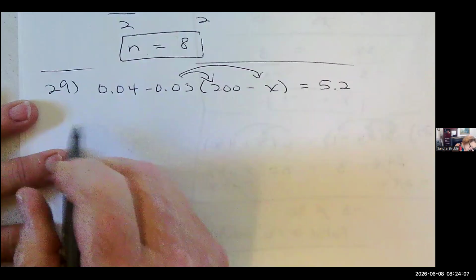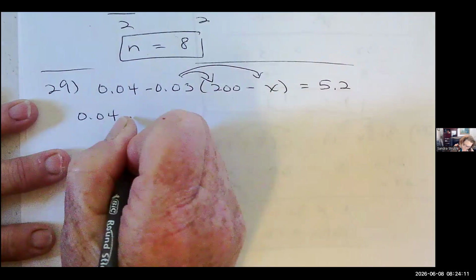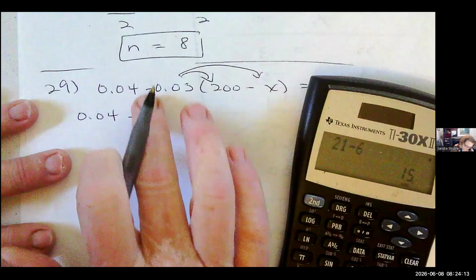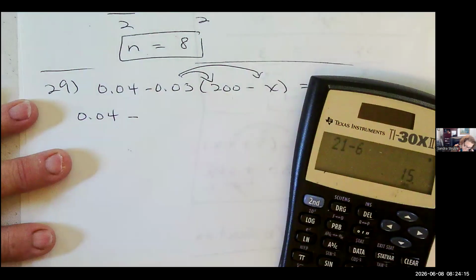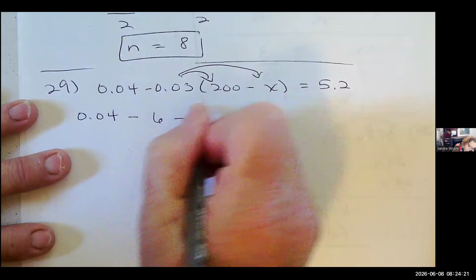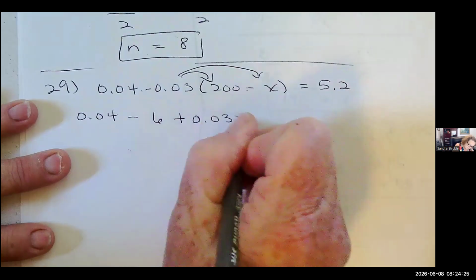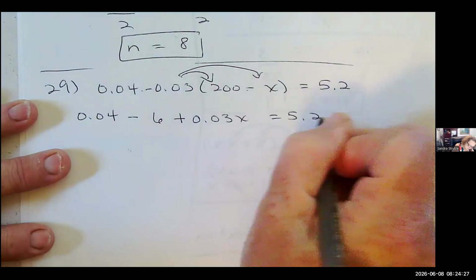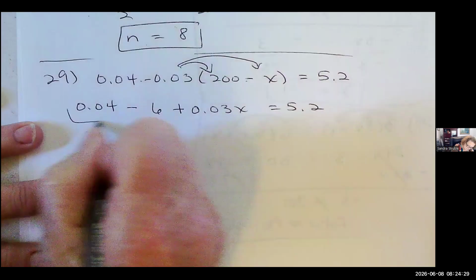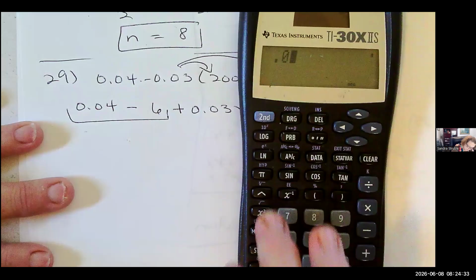So 0.04 minus, because it's negative times a positive, 0.03 times 200 is 6. Negative times negative is positive, 0.03x equals 5.2. Combining like terms. So 0.04 minus 6 is negative 5.96.